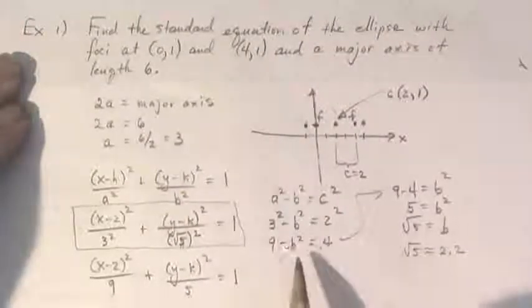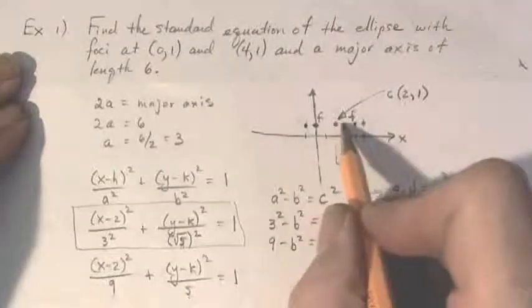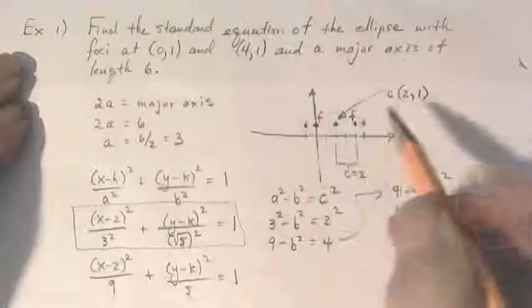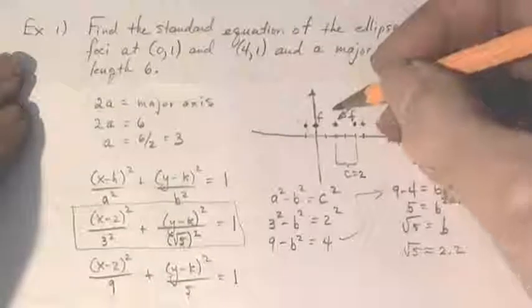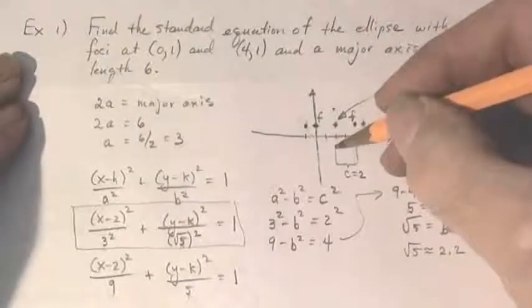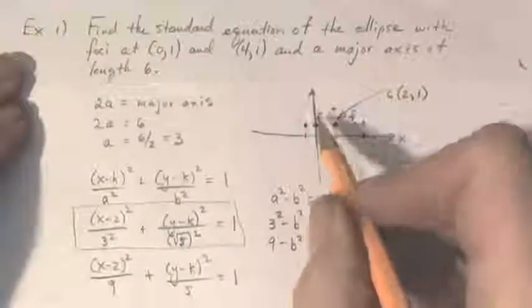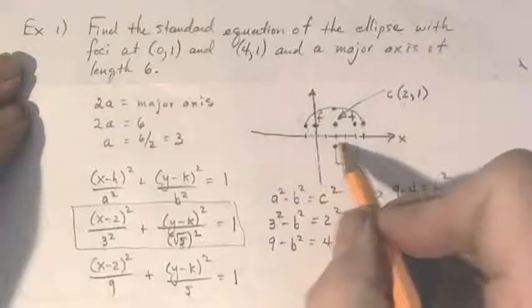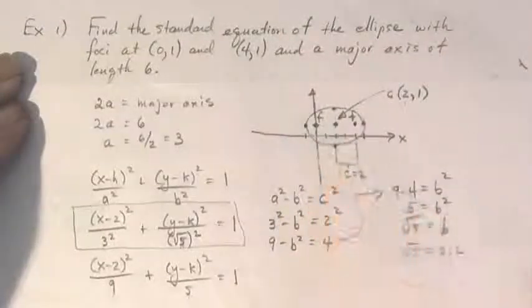The a is 3, so if we go 1, 2, 3, 1, 2, 3, we get these two vertices. If we go 1, 2, and just a hair more on the bottom, we can get the minor vertices. And we join them. And there we have the graph.